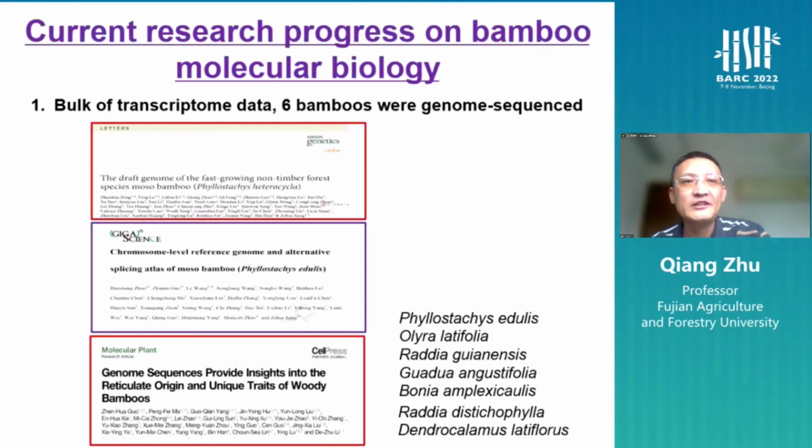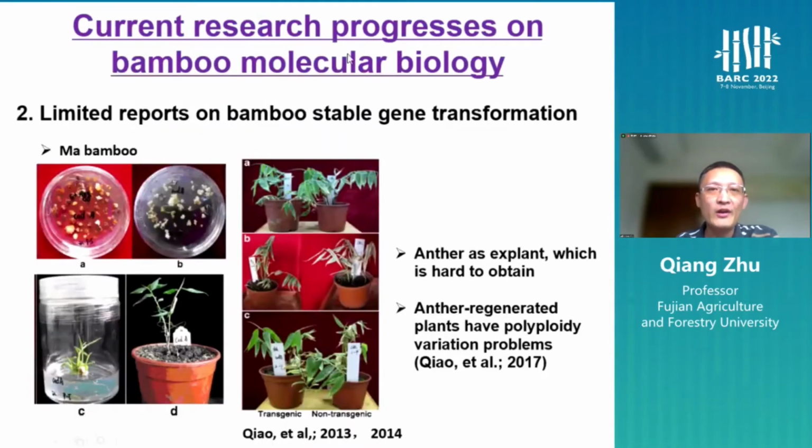With the development of DNA sequencing technology, a lot of transcriptome data was released. And at present, at least 6 bamboo species were genome sequenced. However, very limited reports on bamboo stable gene transformation were published.